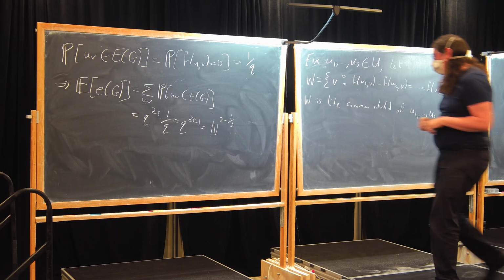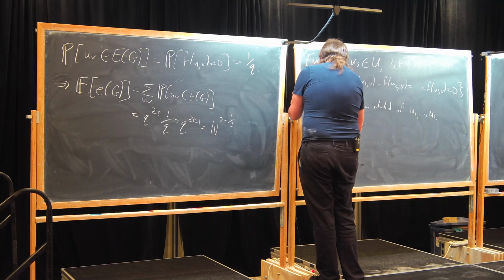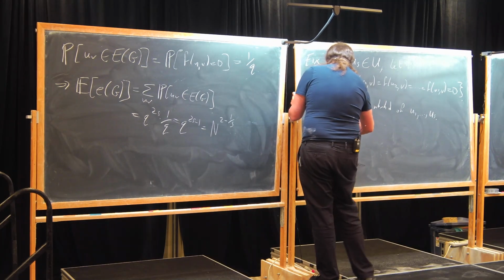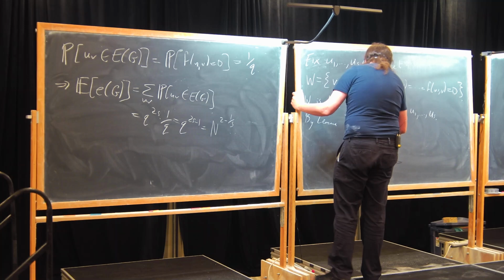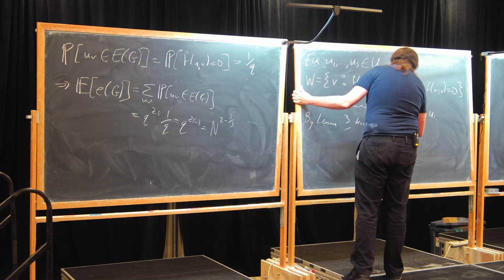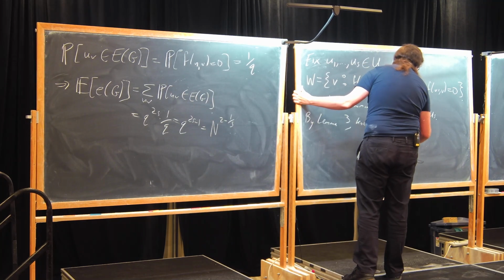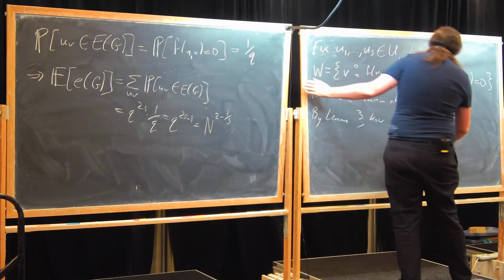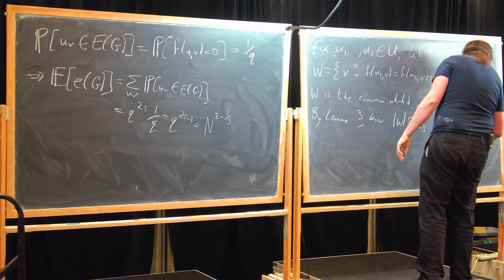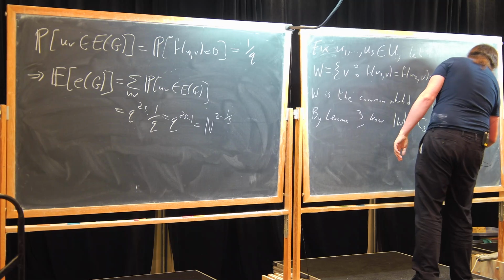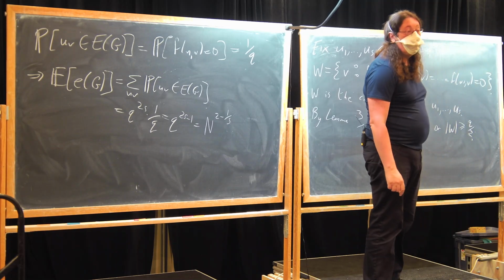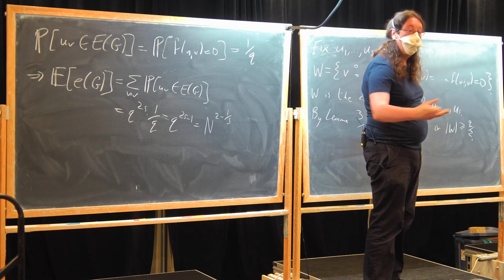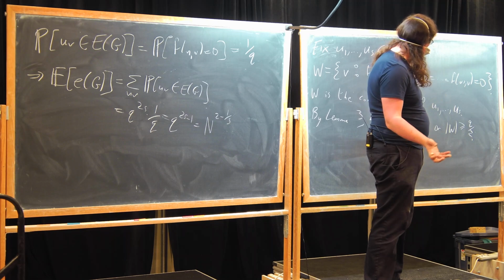So basically, by lemma 3, we know that either |W| is less than or equal to some constant depending on the complexity, which itself depends on s, or it's large.